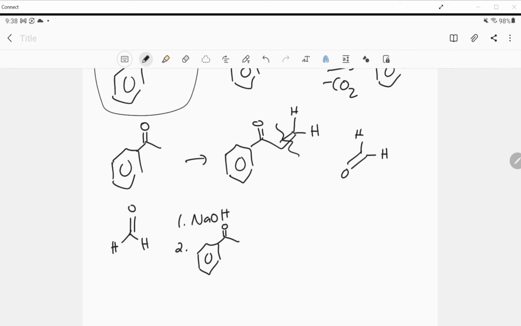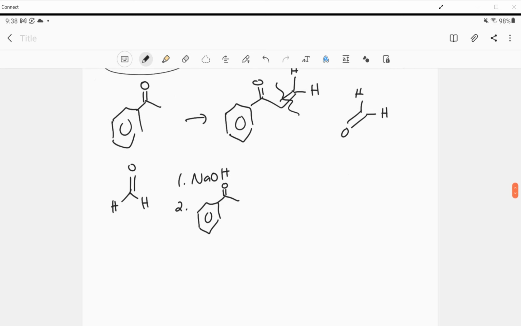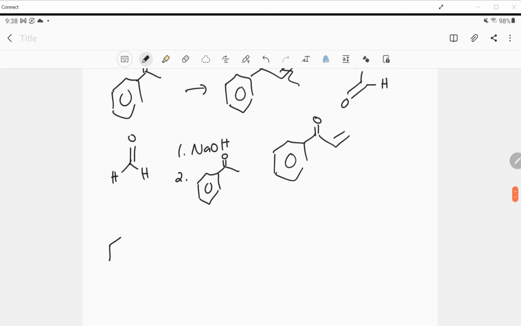The ketone will form the enolate, the enolate will attack the aldehyde, and then we'll get our product, and we'll look at the mechanism in just a sec. So, if we take a look at this, of course, a proton gets abstracted by our base, forming the enolate.